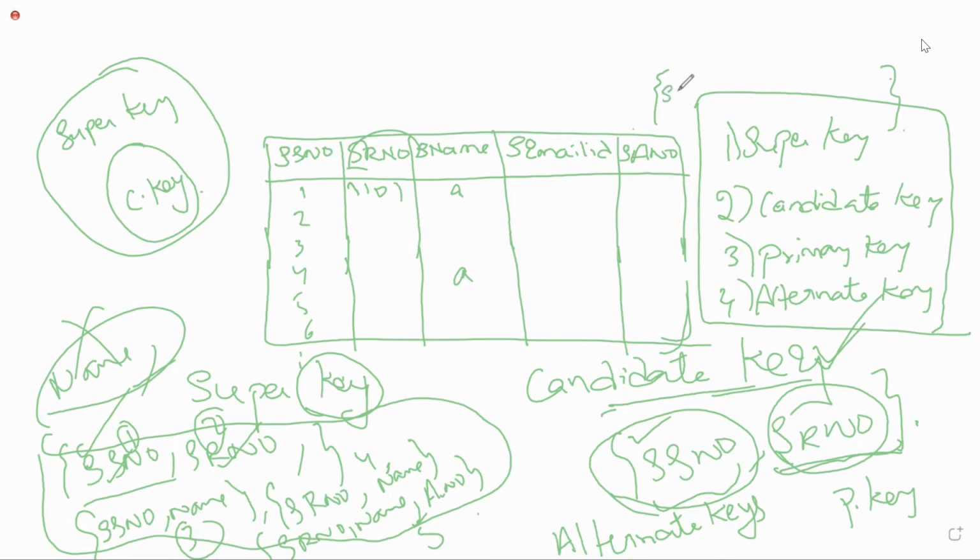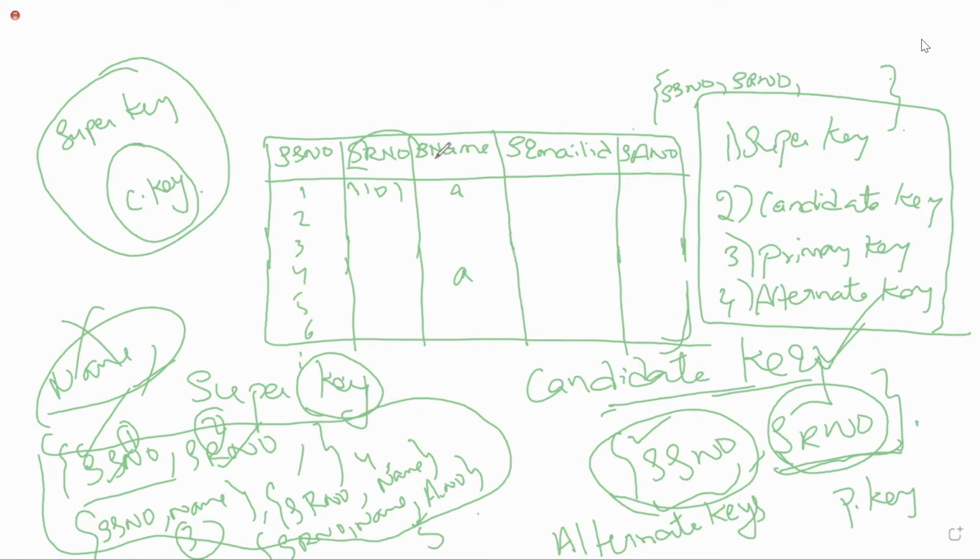So student serial number is also a key attribute. I'm not saying that it is a primary key. Sorry. I'll write down all the possible attribute combinations here, because with student registered number I can identify the record uniquely.